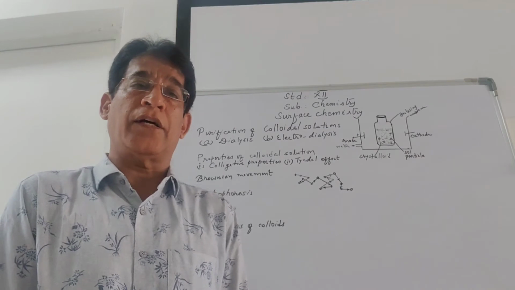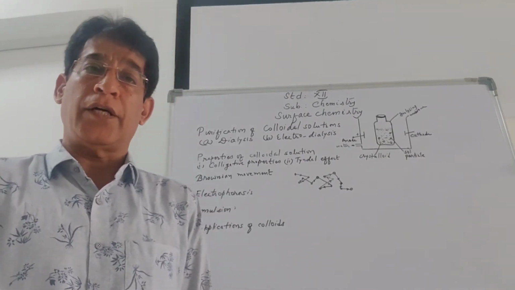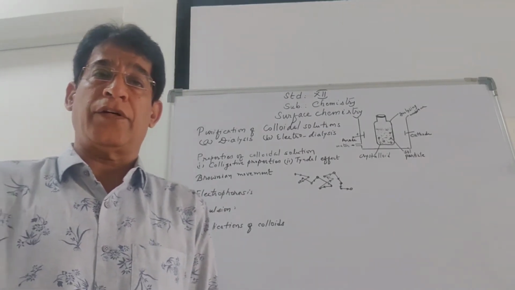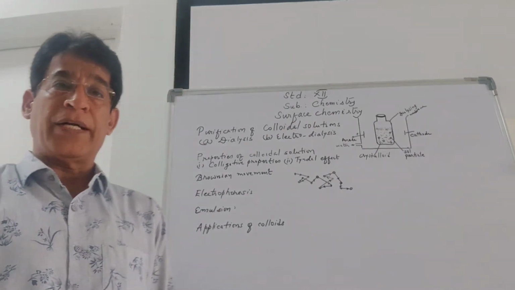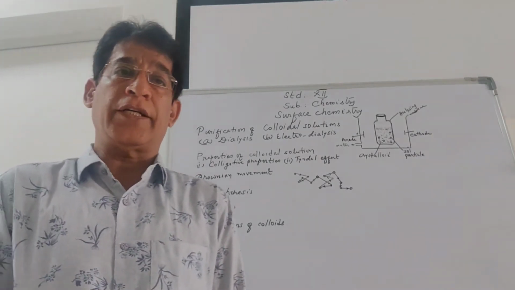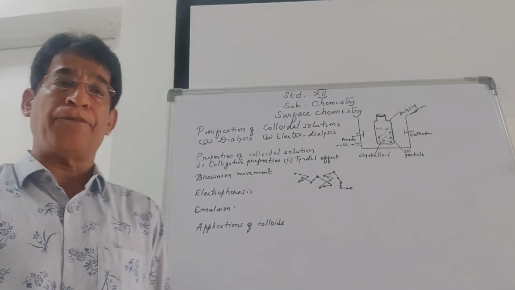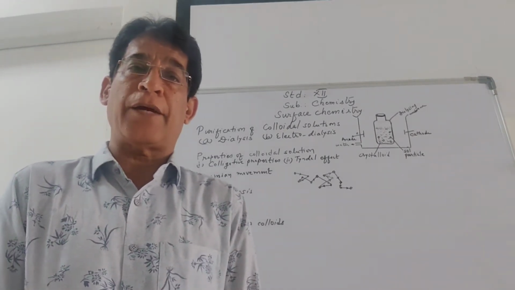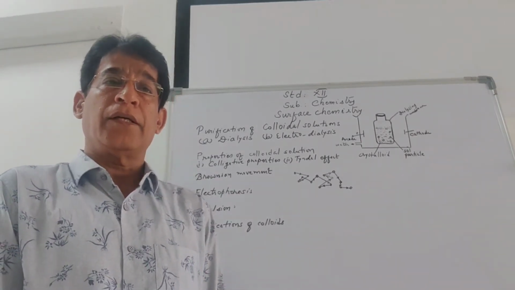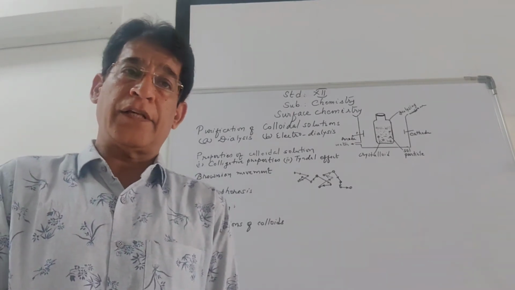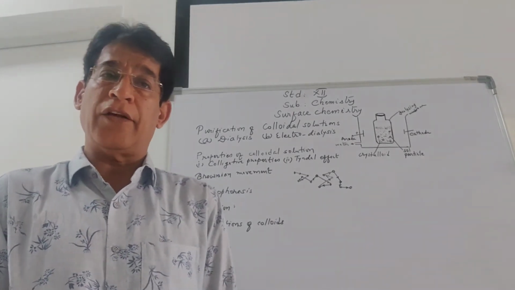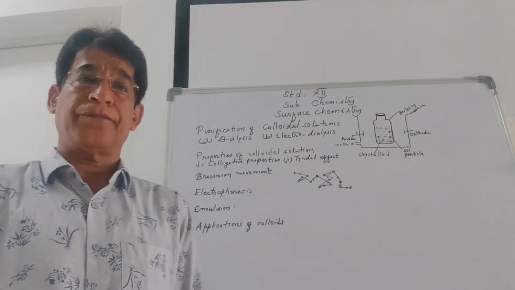These emulsions are also termed as oil emulsions. Butter and cold cream are typical examples of this type of emulsion. Other examples are cod liver oil, etc.